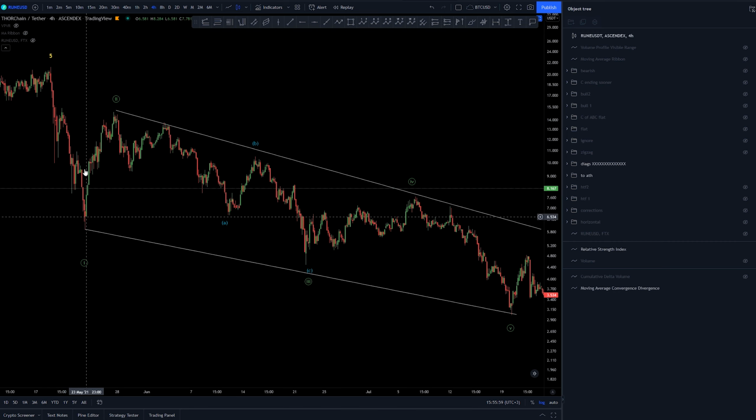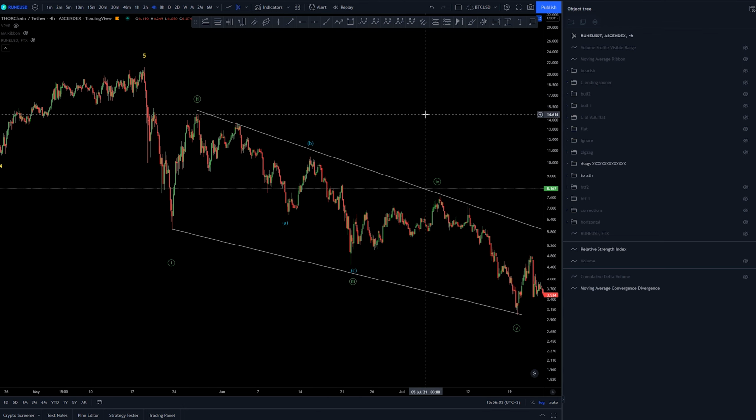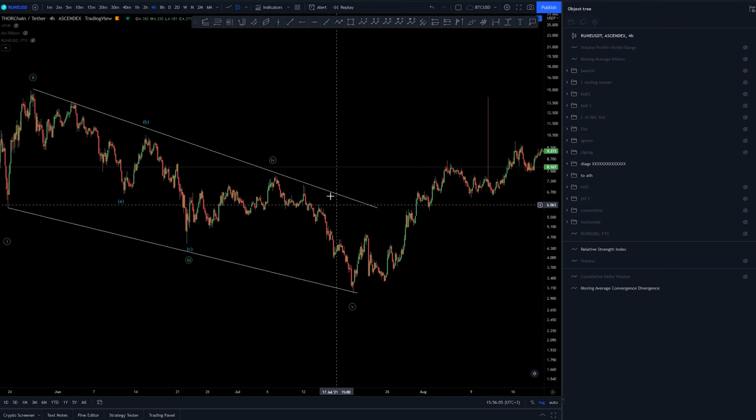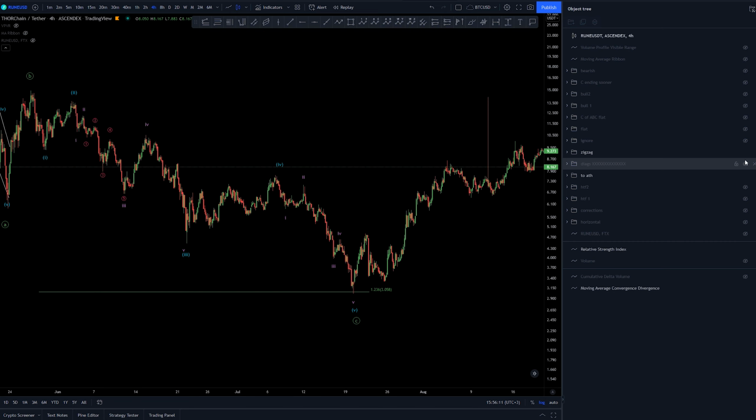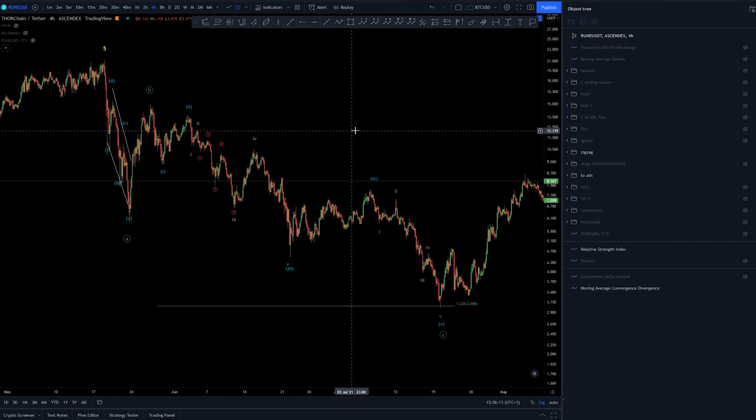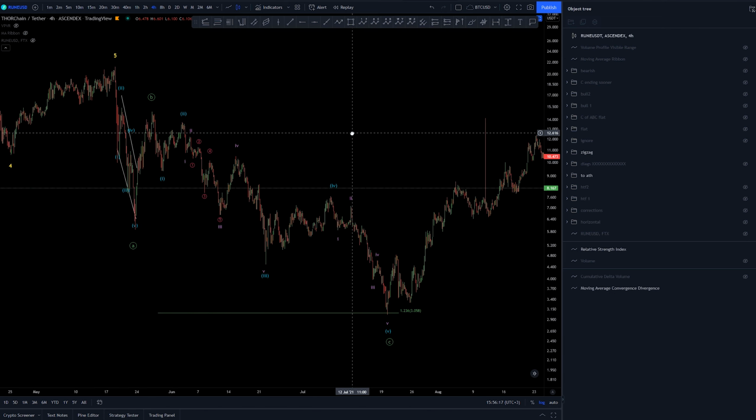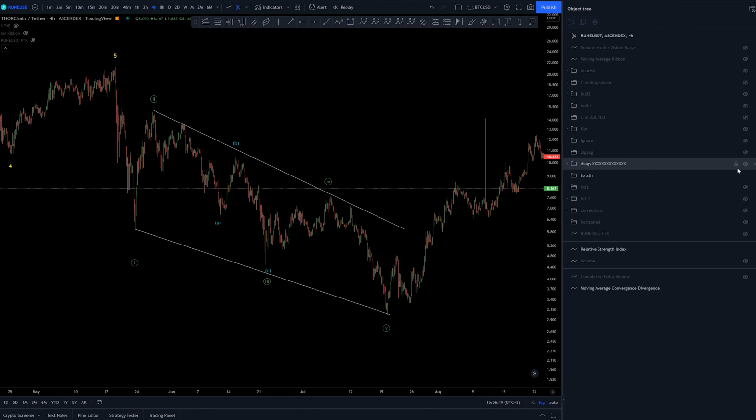Wave 1 for the diagonal could again be a diagonal, and this could also be a diagonal, but this looks like a 5-wave move here. It subdivides perfectly as a 5-wave move, and therefore I wouldn't like to see a diagonal here.